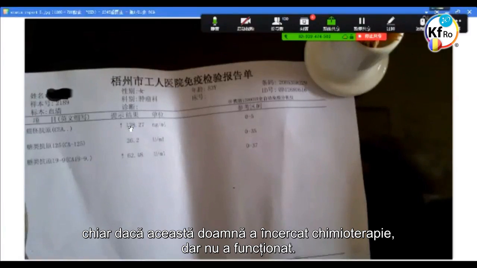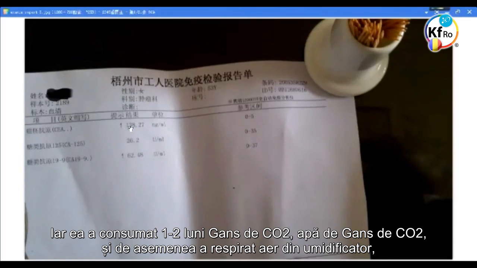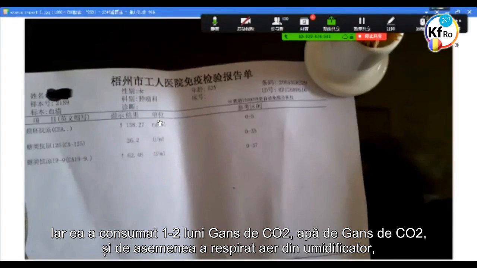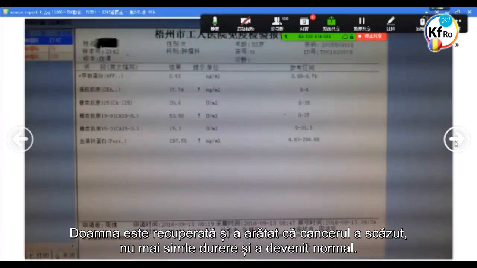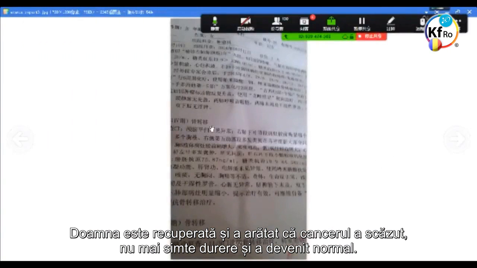Even this lady had tried chemotherapy, but it doesn't work. They took 1 or 2 months of CO2 gas, CO2 water, and also breathed the air from the humidifier, and drank water, took a bath, and in just 1 or 2 months the lady is cured, and it showed that the cancer decreased, she didn't feel pain, and it became normal.